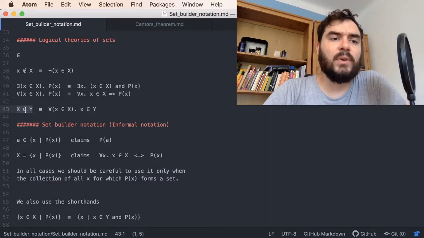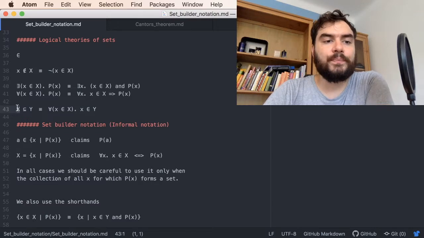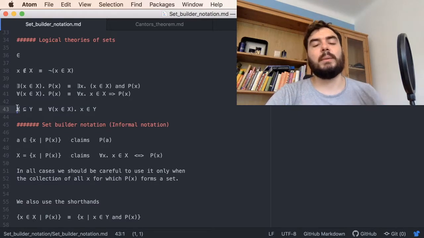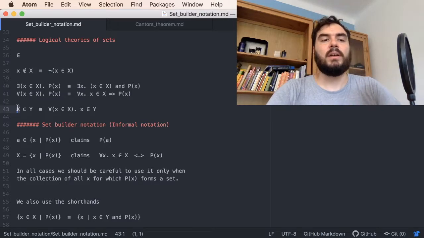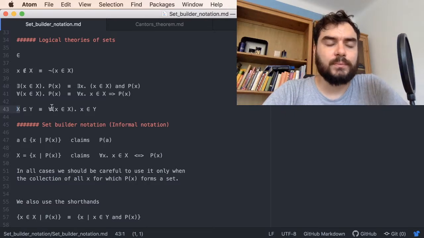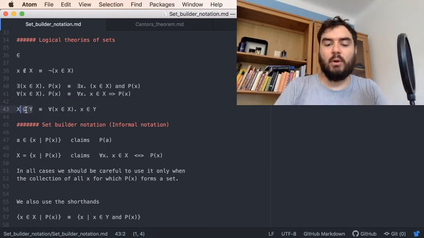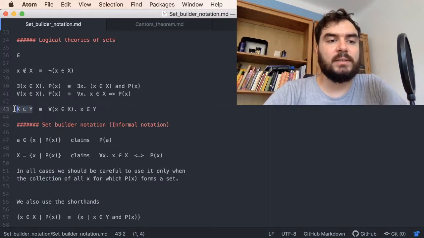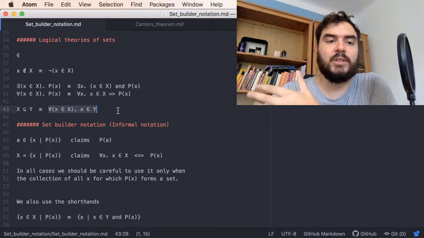And here, for example, if you have a bigger set Y and a smaller subset X of Y, and by bigger and smaller here, I don't mean cardinalities, but just which elements are in the one and not the other, then if I write this equivalence symbol, I just mean that whenever we read that, formally speaking, you would replace all occurrences of this binary subsentence with this fuller expression.